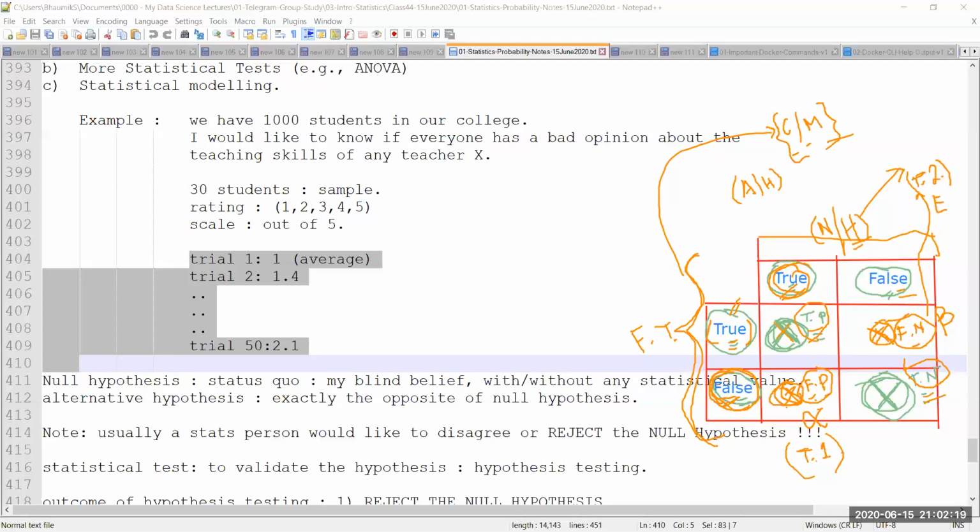These blocks are where I'm going to write the numbers. For example, let me draw this table once more. Let's say I have tested 100 people. This is true and false, this is true and false.